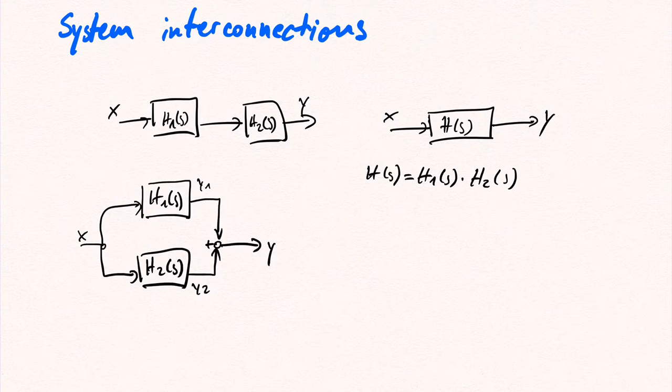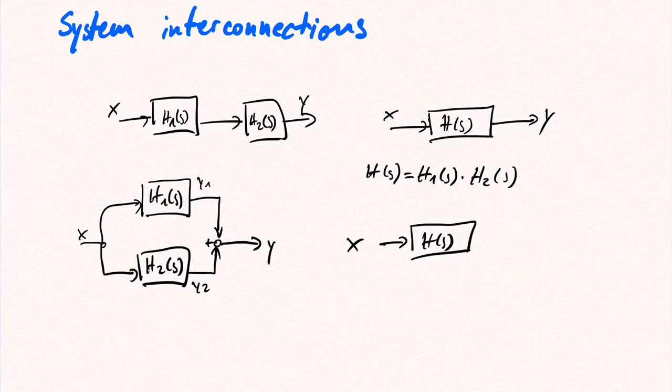Replacing these two systems by a single system h of s, which, when receiving the input signal x, produces the output signal y, shows that h of s is equal to h1 of s plus h2 of s. This is due to the fact that y is equal to y1 plus y2, which themselves are equal to h1 of s times x and h2 of s times x.